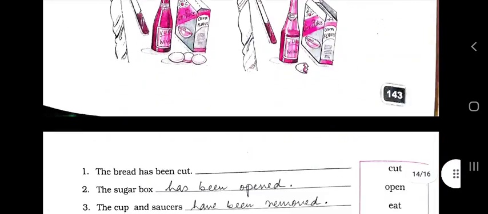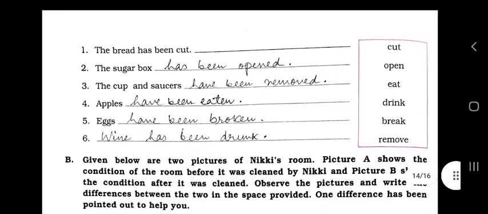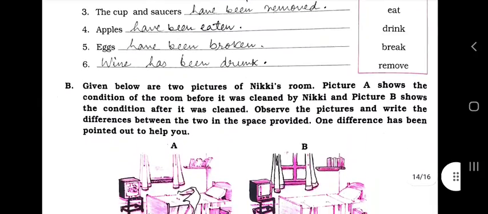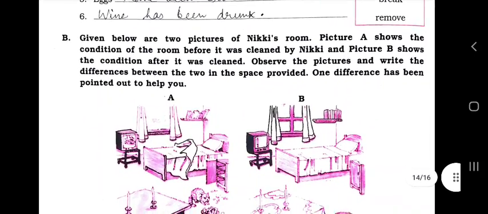You can see a number of differences. Now the bread has been cut, the sugar box has been opened, the cups and saucers have been removed, apples have been eaten, eggs have been broken, wine has been drunk. Okay, in this manner you have to complete the work.